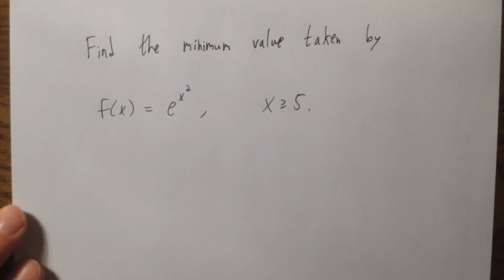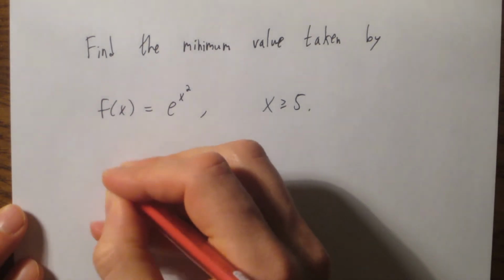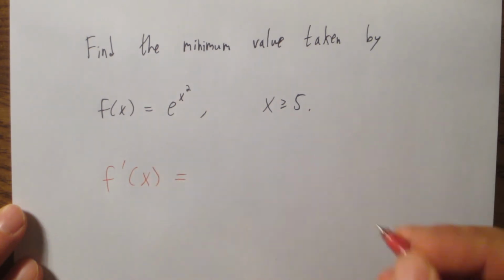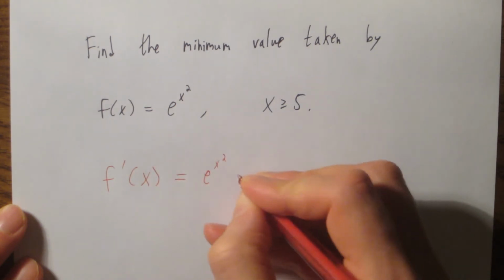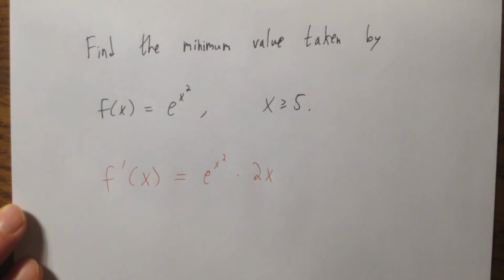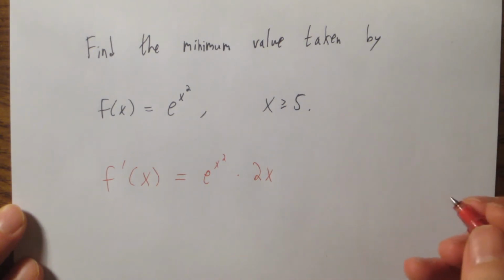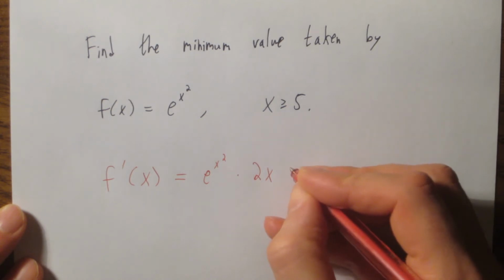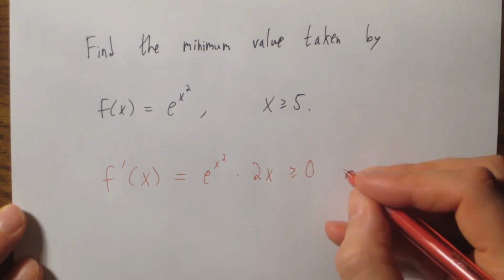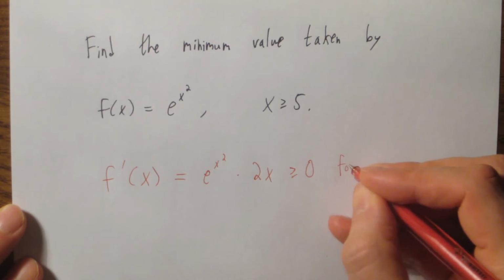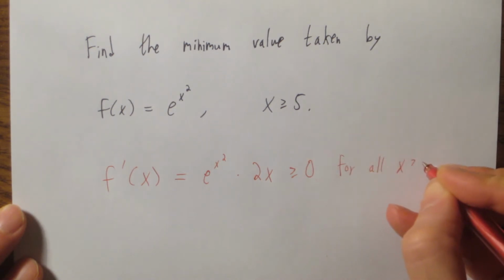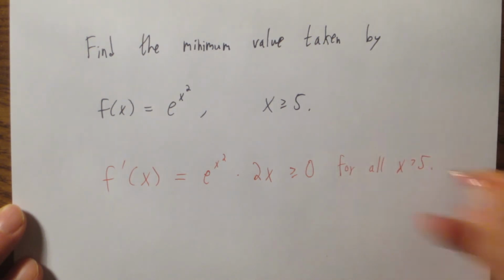Okay, so the easiest approach here is to say that the derivative is this by the chain rule, and taking the domain of f into consideration, the derivative is going to be positive for any x bigger than 5.